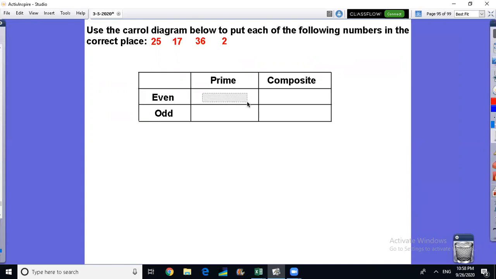This place here is only for a number that is prime and even. This place is for a number that is not prime, so composite, and even. This place is for a number that is prime and odd. And this place is for a number that is composite and odd.